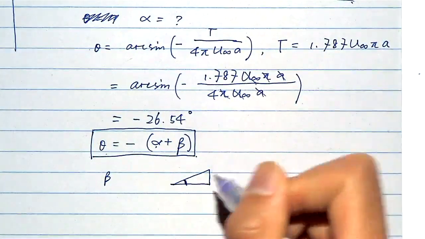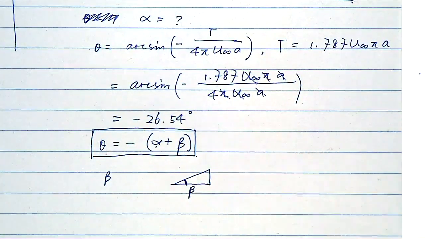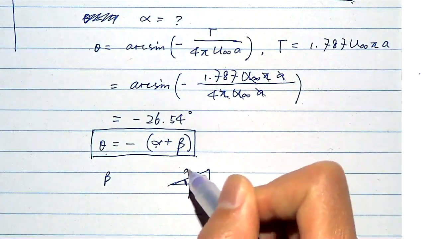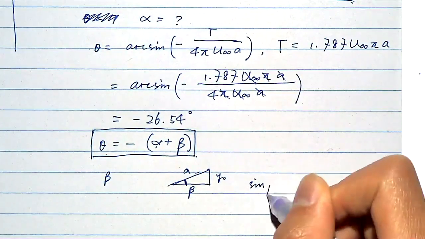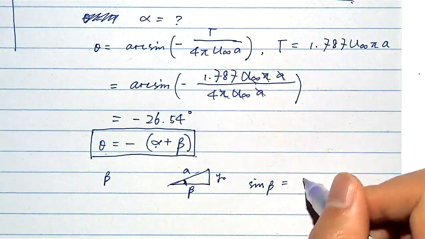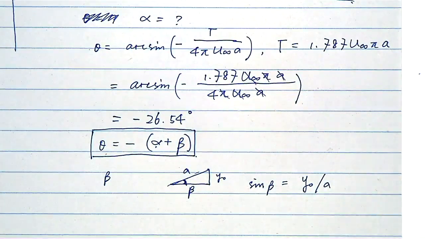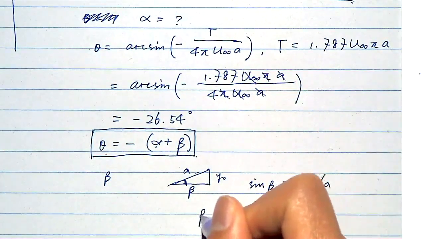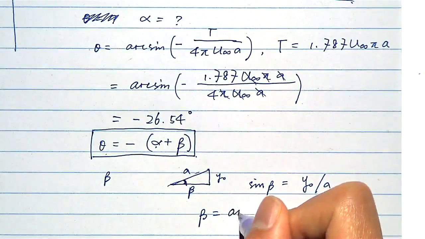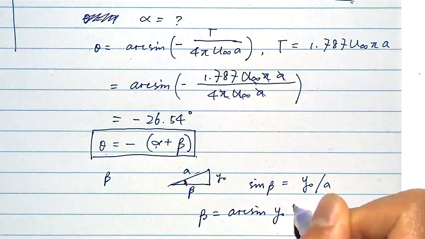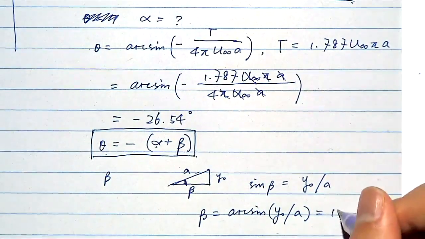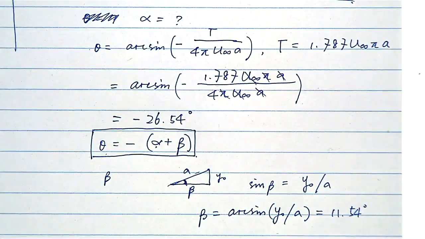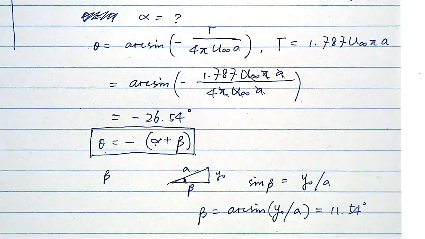This angle, the tip, is defined to be beta. And we know that this is A, and this is y naught. So sine beta equals y naught divided by A. So we have beta equals arc sine y naught upon A, and that is found to be 11.54 degrees, according to my calculation.